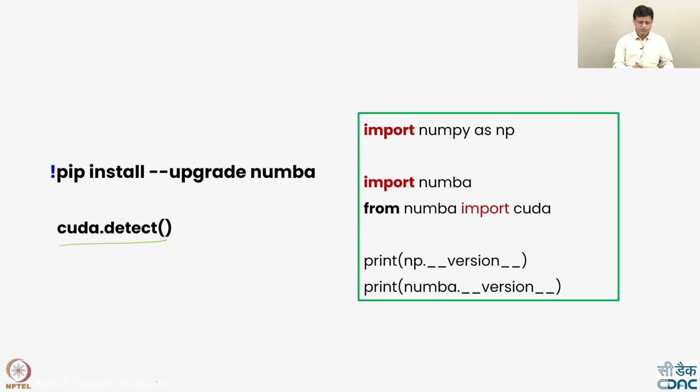Suppose you are using a Jupyter Notebook and you run this command, CUDA.detect. If Numba is properly configured, it will detect the underlying GPUs and give information about the GPUs available in the environment. If it throws an error, that means your Numba is not configured properly. So before proceeding further, it is always important that Numba is configured properly on the underlying system.